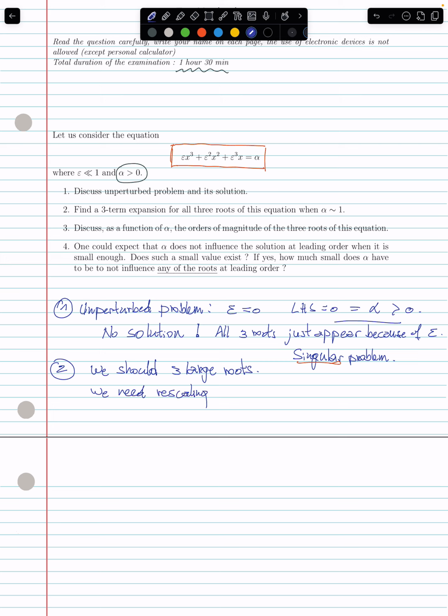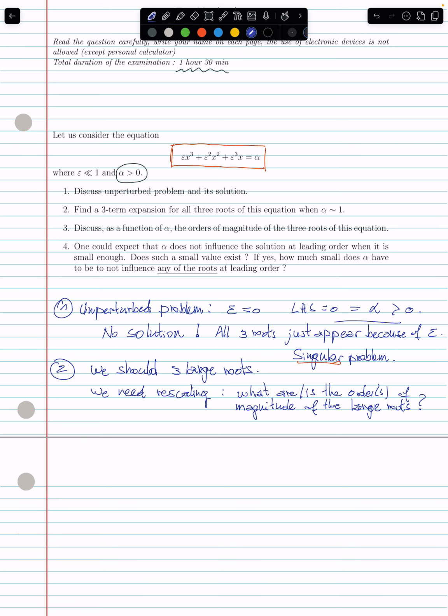Or in other words, what are the orders of magnitude of the large roots? All right, so at this point we know they are large, but we don't know whether they behave like 1 over epsilon, 1 over epsilon square, or 1 over square root epsilon, or whatever. That's something we need to determine.